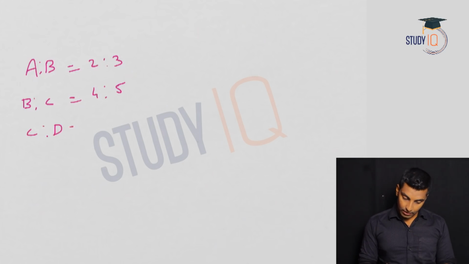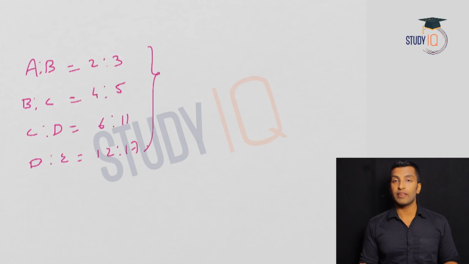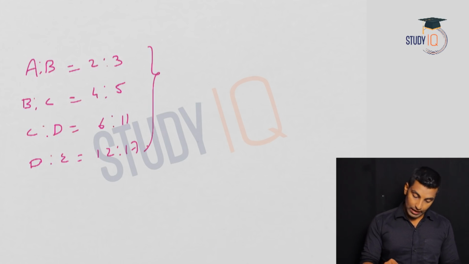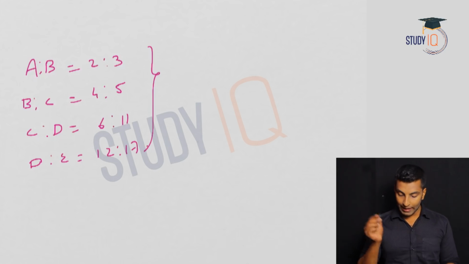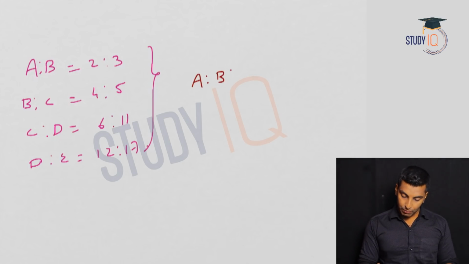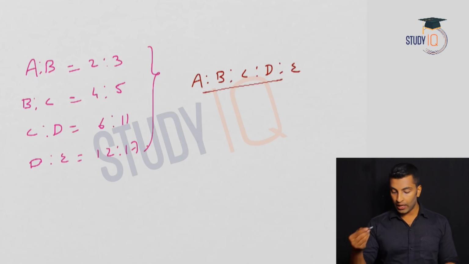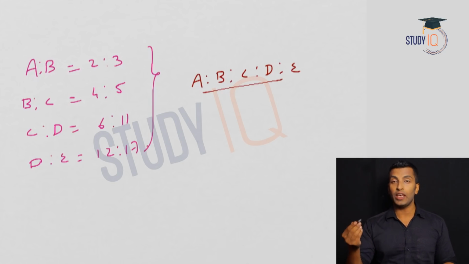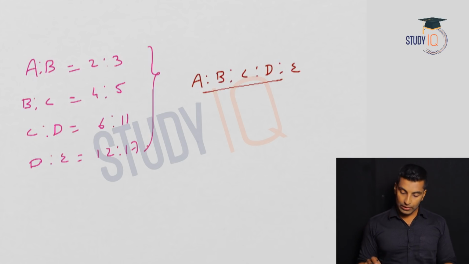C is to D is 6 is to 11, then D is to E is 12 is to 17. This is given, okay. So you have 4 ratios or 4 fractions: 2 by 3, 4 by 5, 6 by 11 and 12 by 17. Now if you're asked to find out A is to B is to C is to D is to E, or any of these, A is to D or A is to C or A is to E or A is to B, what you need to do is like this.